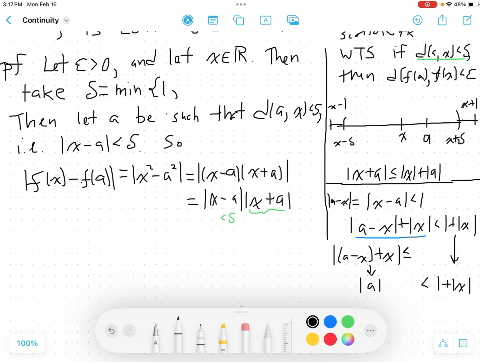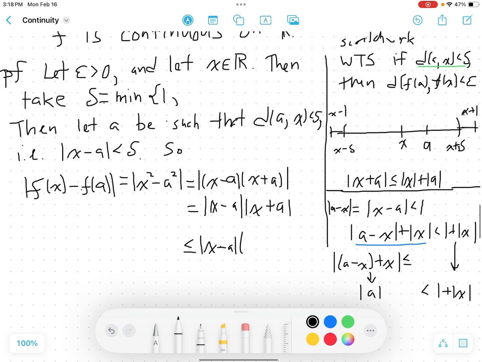So now I have replaced this the direction that we want to go. Going back to our regular proof, I'll get rid of these extra things in green because they aren't going to be part of the formal proof. Anyway, so this is less than or equal to x minus a times, we know that the absolute value of x plus a is going to be less than or equal to the absolute value of x plus the absolute value of a.